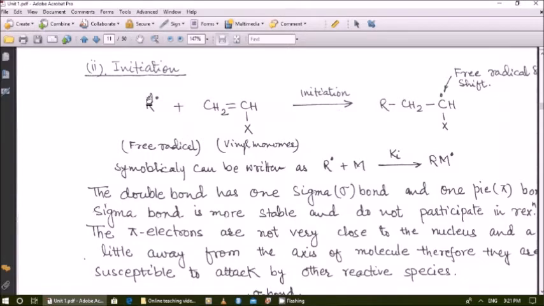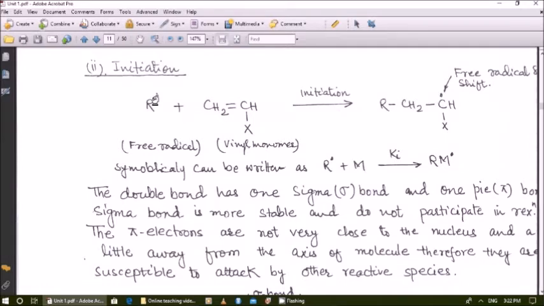Now my free radical R dot is going to react with the vinyl monomer, and what will happen? The lone electron of the R group or free radical group will react with the symmetric carbon atom, and it will form the bond. So the double bond will break, the pi bond will break, and the free radical site will shift to the asymmetric carbon atom.